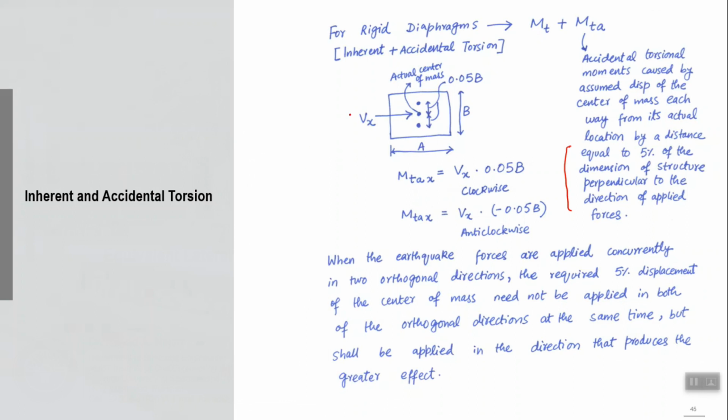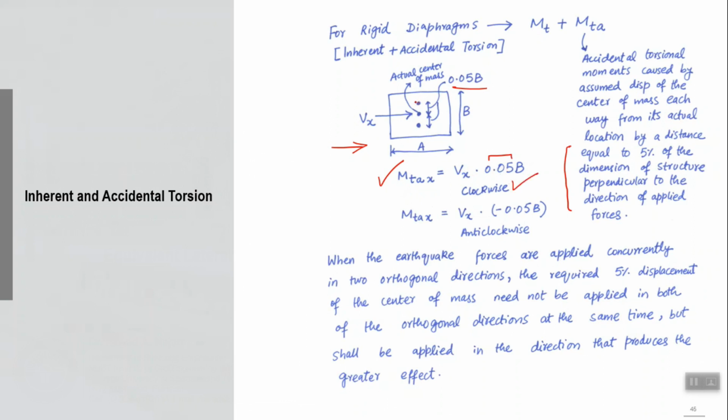So if I am applying Vx in the x direction, and capital B is the dimension of the diaphragm in the y direction, then 5% of B either way, upward or downward, positive or negative, right? So 5% upward and 5% downward. So you will make two cases of accidental torsion moment, where you apply Vx with 5% of B in the clockwise direction.